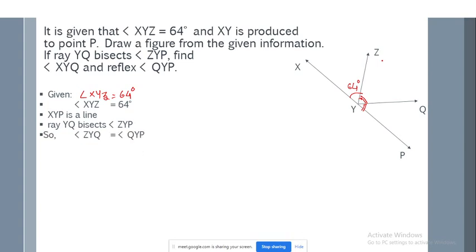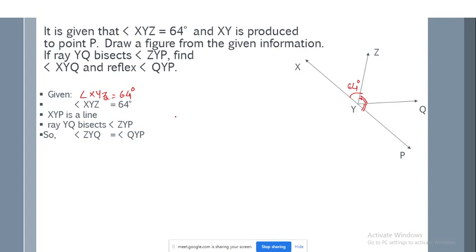So can we say that angle ZYQ is equal to angle QYP? So these two angles are formed and they are equal. These are the things we can get from the given information.